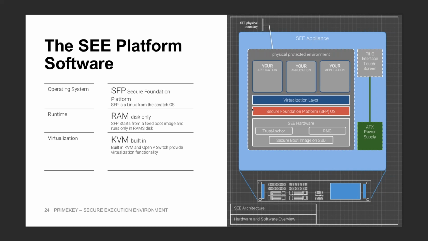So that means the secure foundation platform, the operating stack, is stored inside the trust anchor, digitally signed, and all virtual machines from the user are also stored inside the secure boot image on the internal hard drive and flash memory of the trust anchor itself.